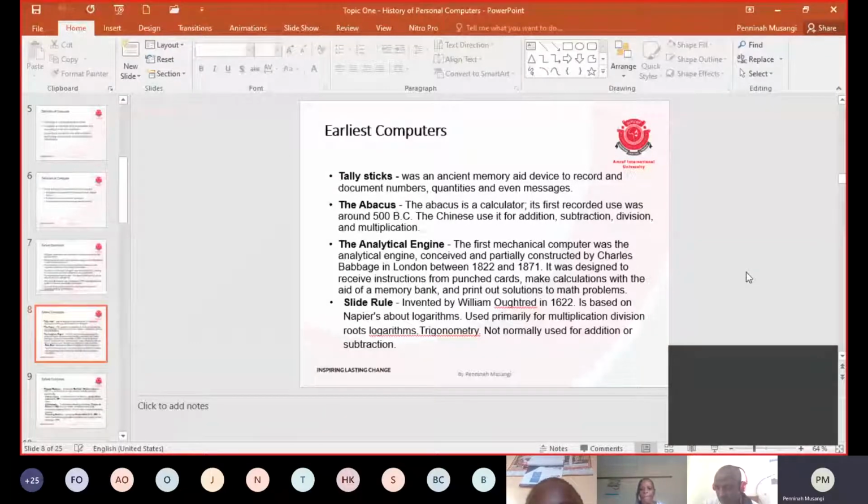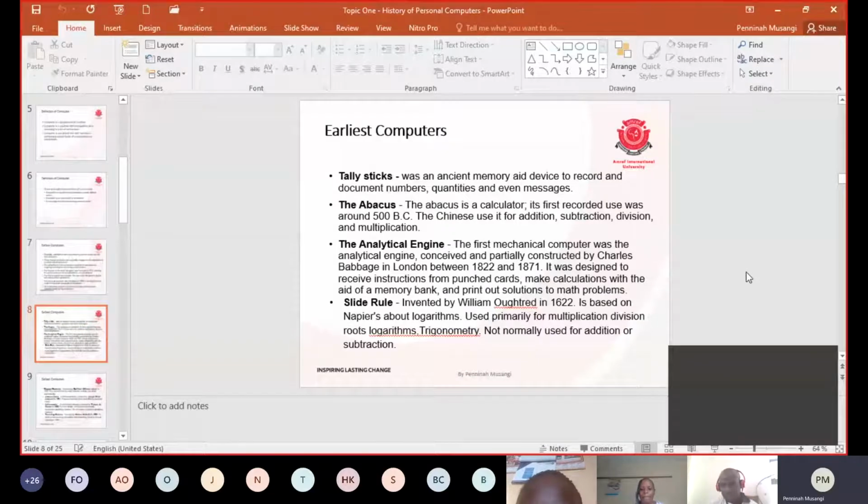Then, what are the earliest forms of computers? As we have seen from the introduction, a computer was any machine which could help people calculate. And therefore, any instrument, any device which assisted a human being to compute, to calculate, could be termed a form of computer.